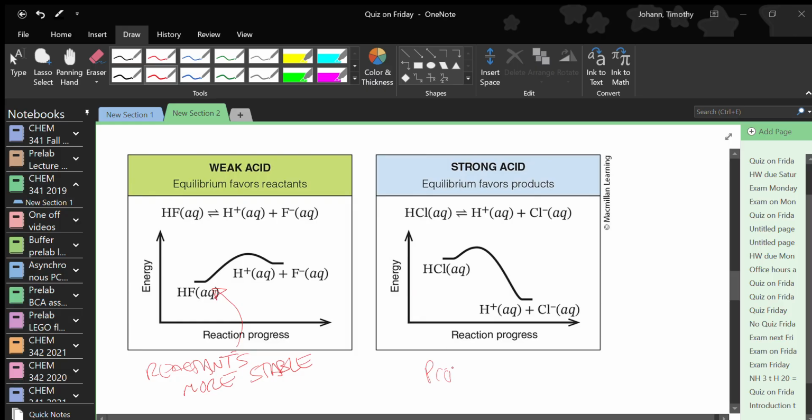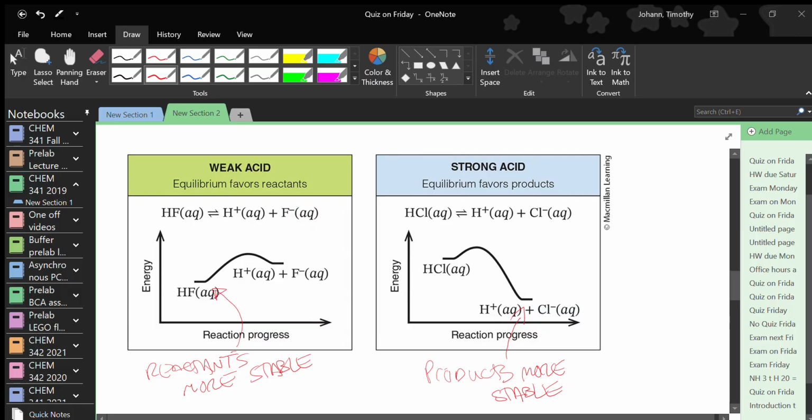And that's because the products are more stable. So we make a lot of these because they are more stable than those. Okay, questions?